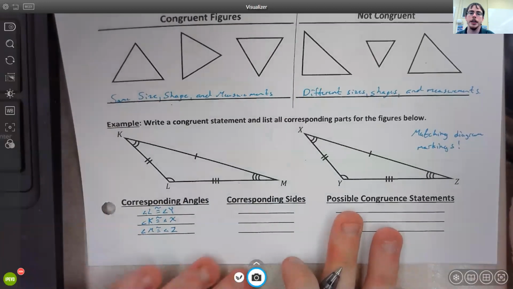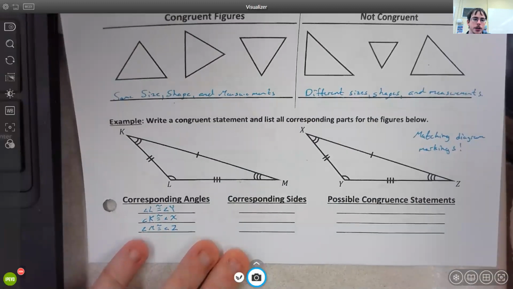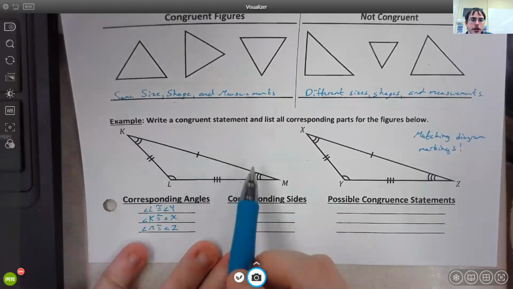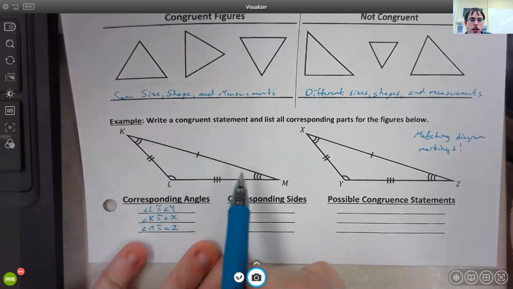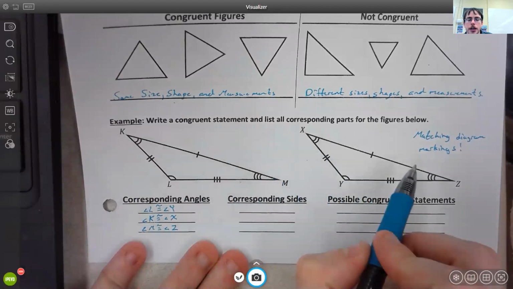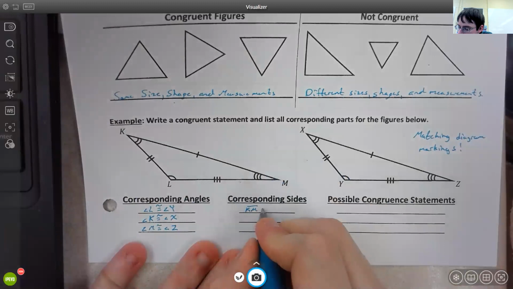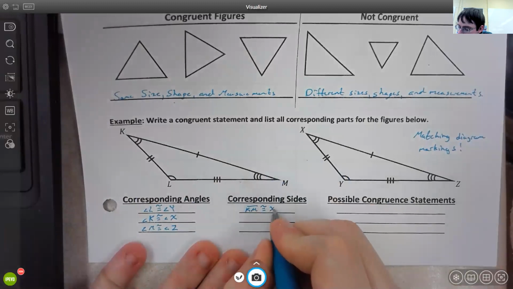Now let's look at our corresponding sides. We're going to do it the exact same way. We're looking for matching diagram markings. We see that KM has one tick mark on it on the side. The side that has one tick mark on it from the other is XZ. So KM is congruent to XZ.